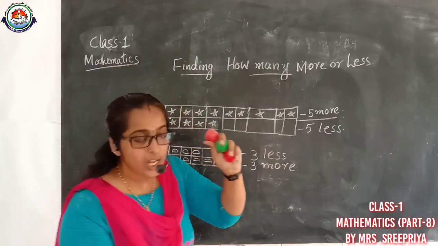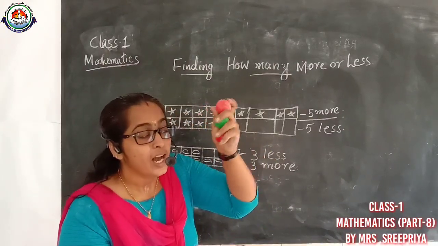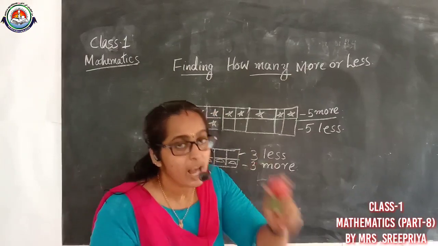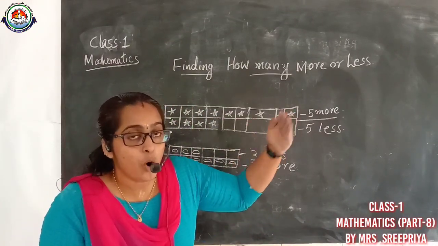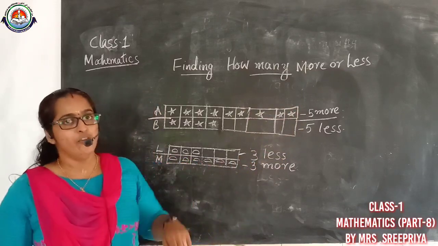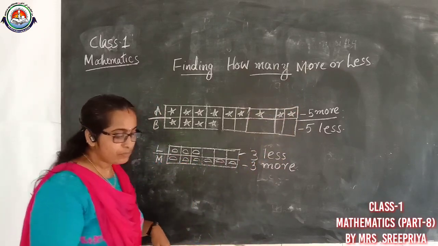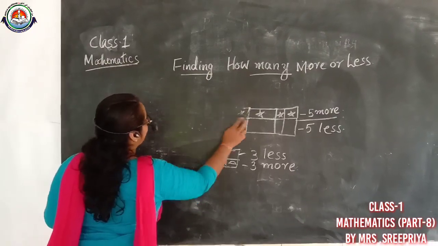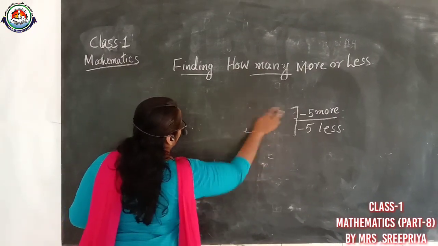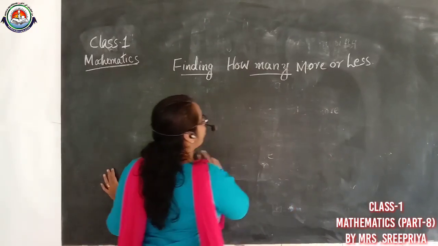Very good. And how many less will be there? 3 less. So you understood how we can check more and less? Very good.